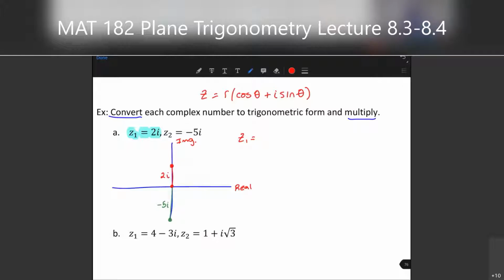Yep, Kevin, you got it. 2. Yep, we'd have a modulus of 2. It's just got a distance of 2 from the origin. And then what would be the angle that's made by that vector 2i coming out from the origin? What's the angle that's created?